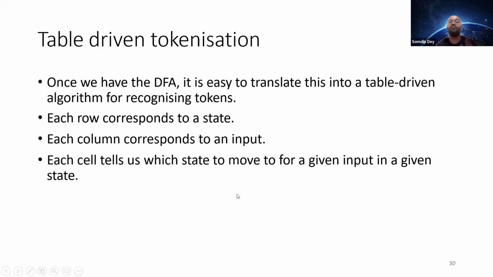Once we have the DFA, it is easy to translate that into a table driven algorithm to recognize tokens. Each row corresponds to a state and each column corresponds to an input in this state transition table. And each cell tells us which state to move to for a given input in a given state.